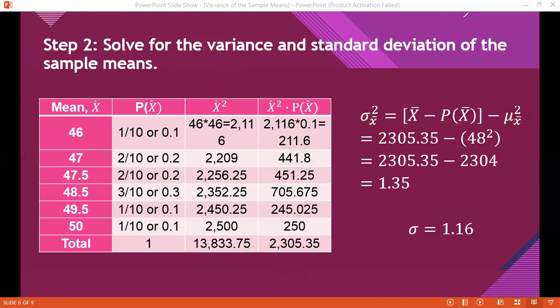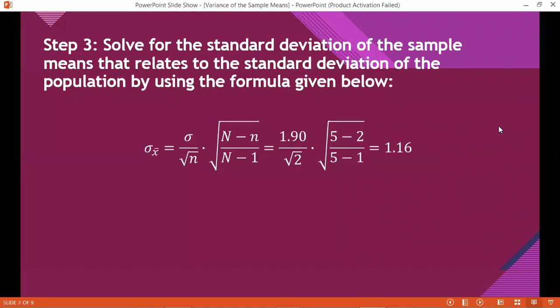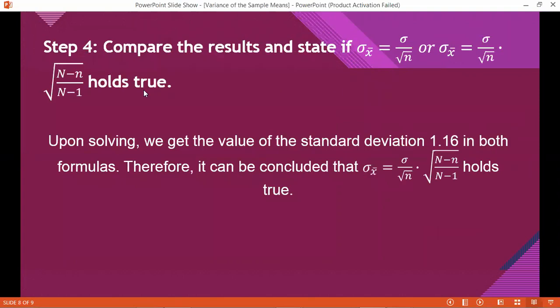Alright. So, let's proceed to the next one. For the standard deviation of the sample means that relates to the standard deviation of the population using the formula, here it is. Let's substitute the given values. And as you can see, the standard deviation is also 1.16. Last step, compare the results and state if this holds true.